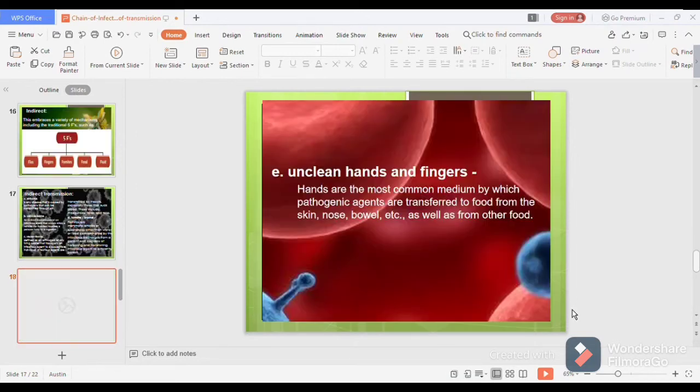And then, the unclean hands and fingers. Hands are the most common medium by which pathogen agents are transferred to the food from the skin, nose, bowel, etc., as well as from the other food.